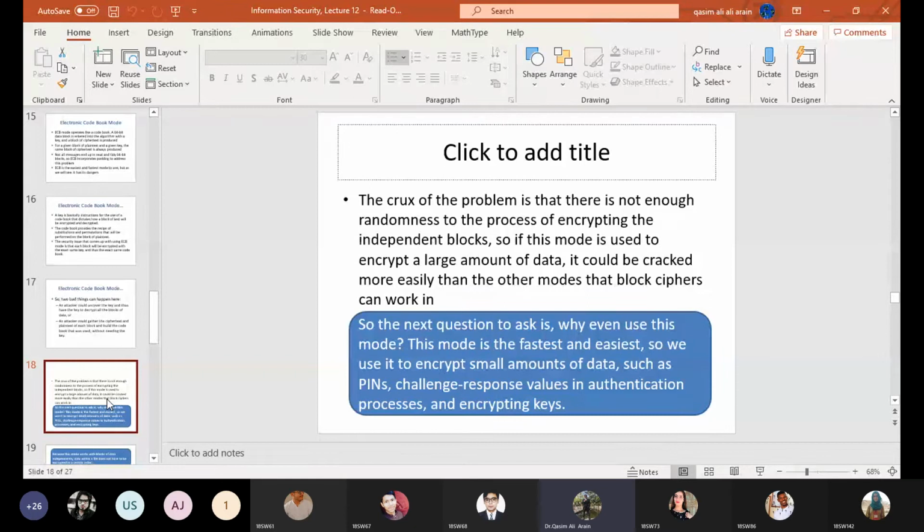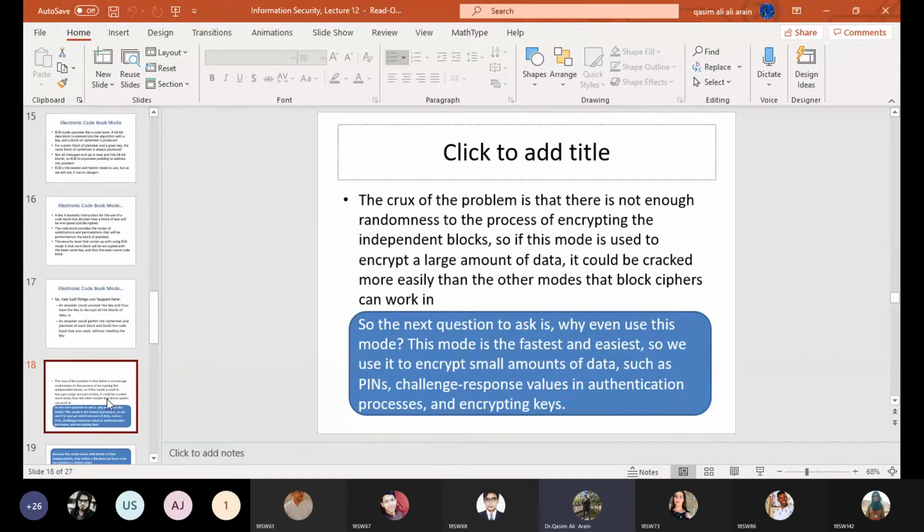So we use it to encrypt small amounts of data such as different types of pins, challenge response values in authentication process and encrypting keys. अब हम क्यों यूज करते हैं ECB को? कि अगर हमने स्मॉलर अमाउंट ऑफ डेटा को इनक्रिप्ट करना है, like pins, passwords, keys, challenge response values की authentication process, for that ECB is the best solution.